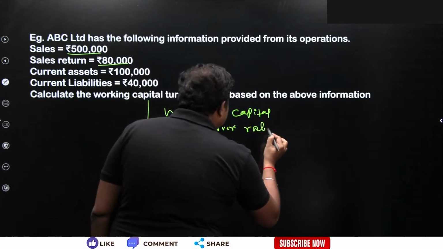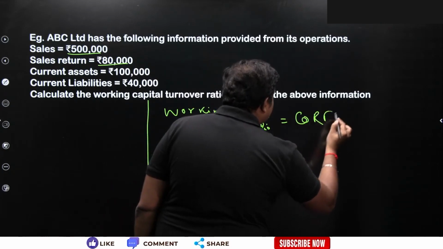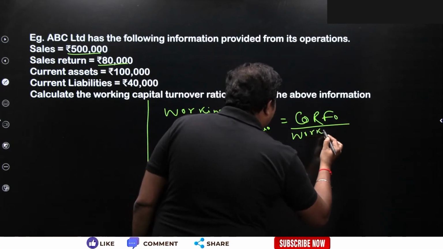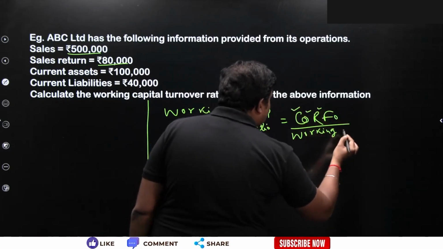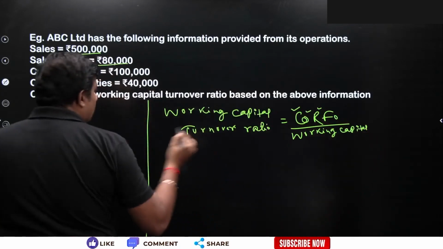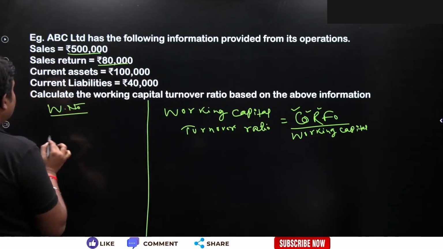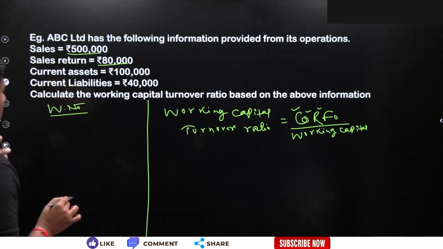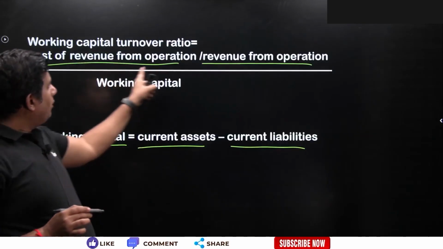The formula, using the short form, is CORFO upon working capital, where CORFO means cost of revenue from operations. Now, how to calculate the CORFO? This must be shown in your working notes. As I mentioned, it is either the CORFO or revenue from operations.